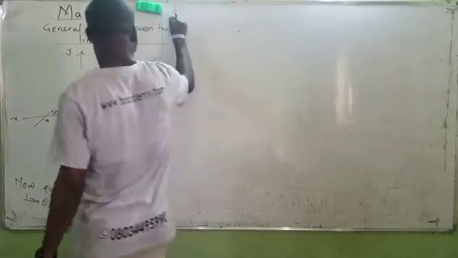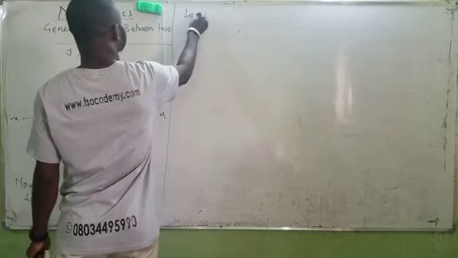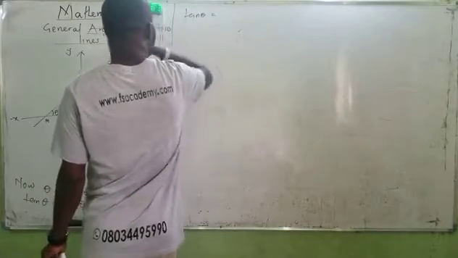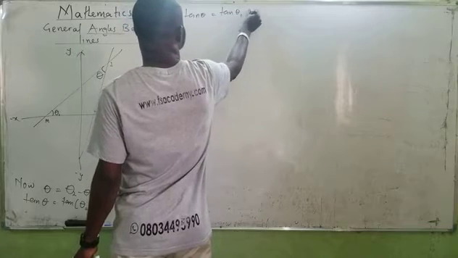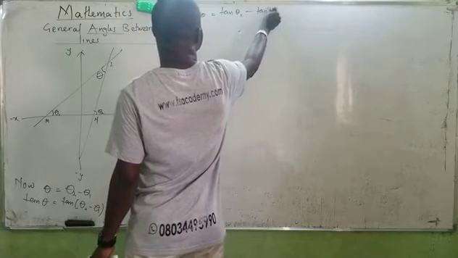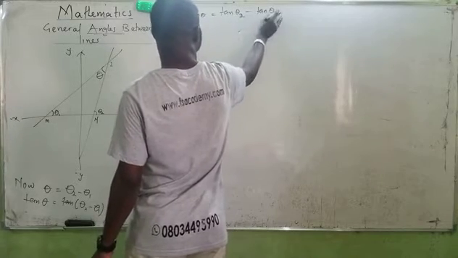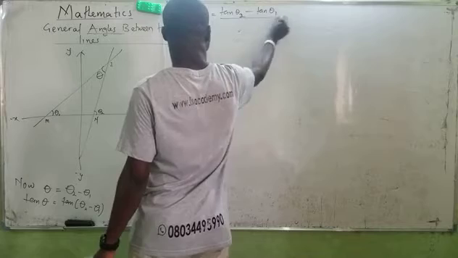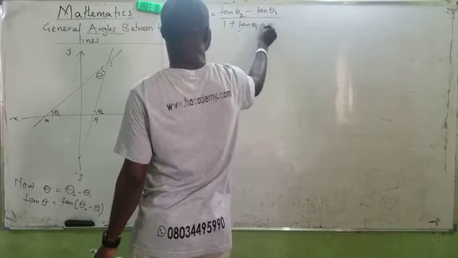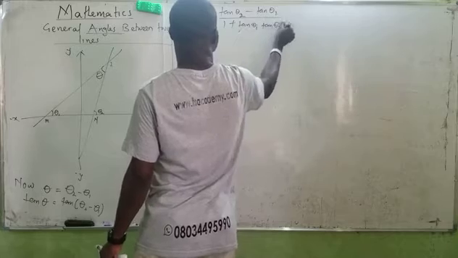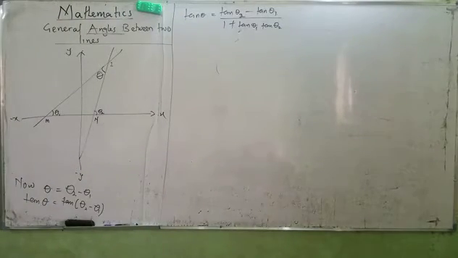Of the tan, if I remember, it is always like this: tan theta equals tan theta 2 minus tan theta 1, divided by 1 plus tan theta 1 tan theta 2. Yes, if I remember, that is how it always is.